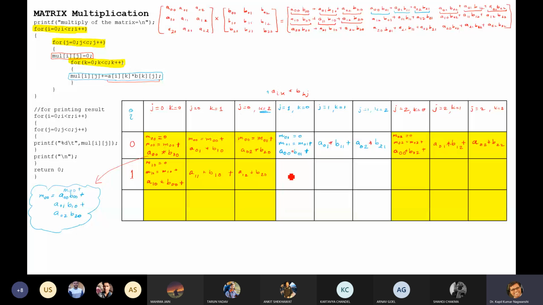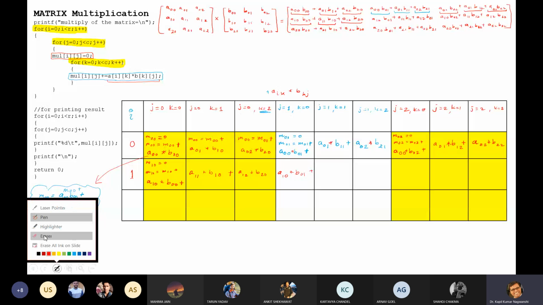So let us write a i k, i is 1 and k is 0, multiplied by b k j, 0, 1, plus. One more important thing: whenever the value of j is changed, what will happen? The first step comes necessarily.